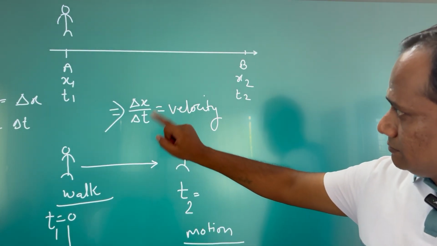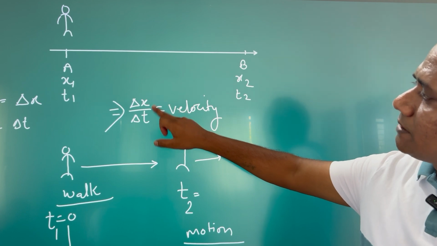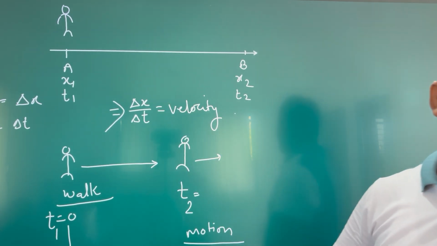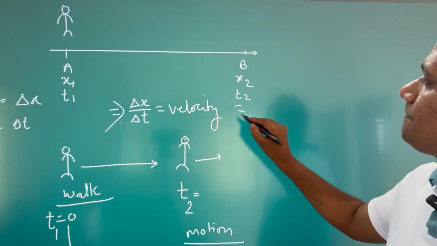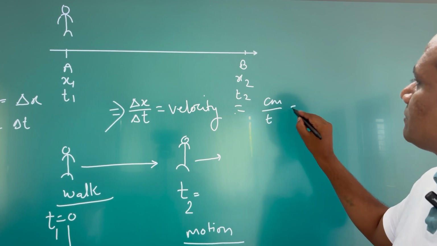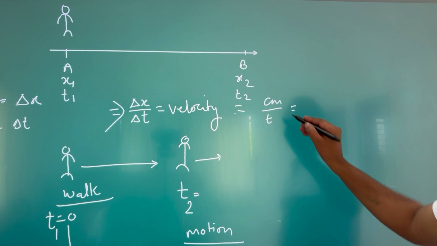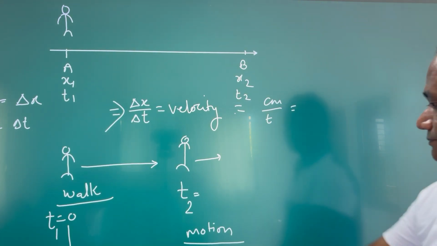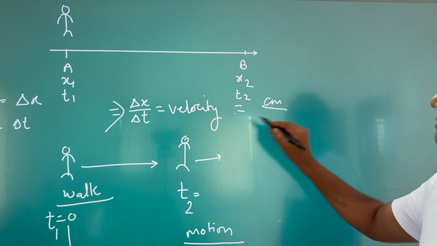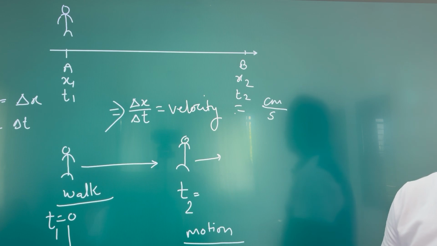Therefore we took the ratio, displacement upon time, and displacement upon time gives the velocity. If the unit of displacement is a centimeter and the unit of time is a second, then the unit of velocity is centimeter per second.